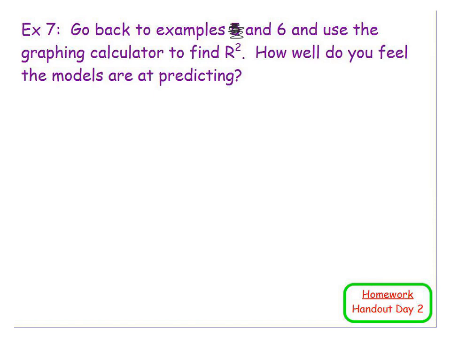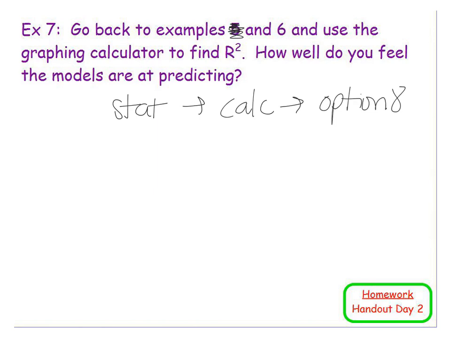And so if you go back, we already should have into L1 our X data and our Y data from example 6. So press stat, go over to calc, and go down to option 8. So again, it's still stat, then calc, then option 8. And we're looking for R squared.